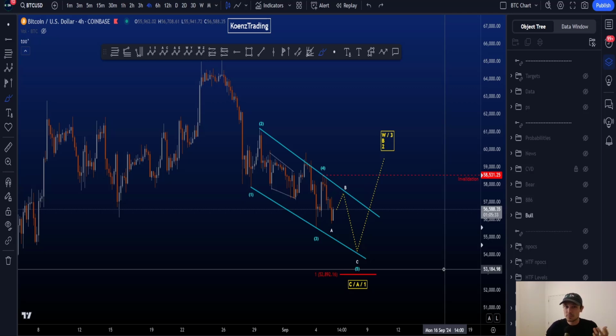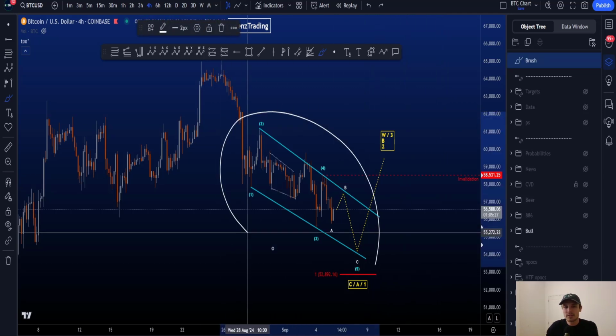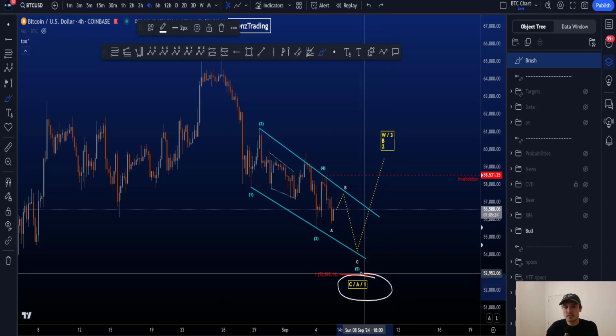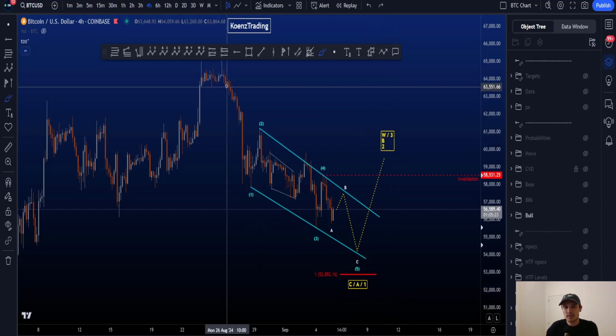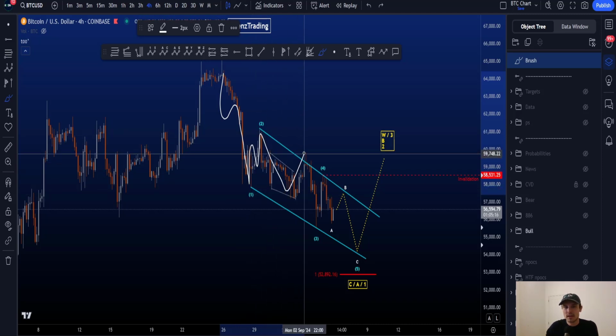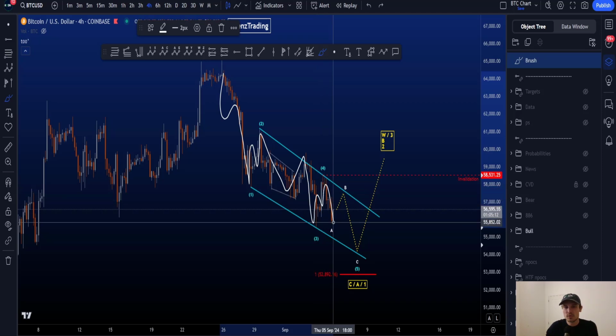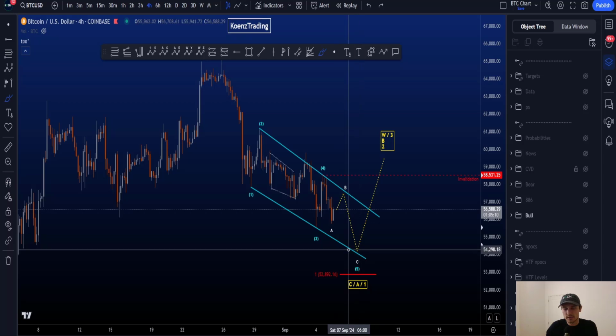Now this might be a bit more theoretical, so if you don't like this, make sure to skip to the next timestamp. But the reason that we can count this diagonal as a wave C, A, or a wave 1 is because all of the subwaves of this diagonal are counted as zigzag family structures, meaning 3-wave structures in wave 1, 2, 3, in wave 4, and also in wave 5.